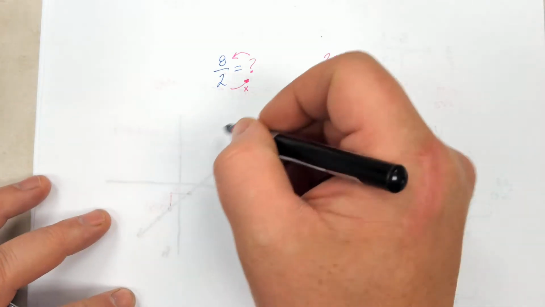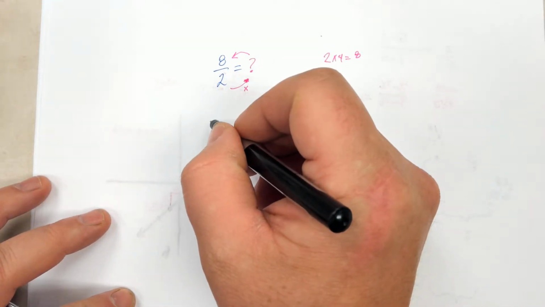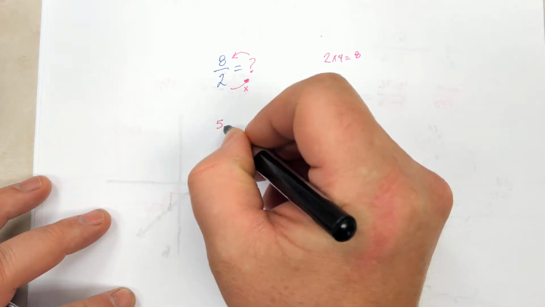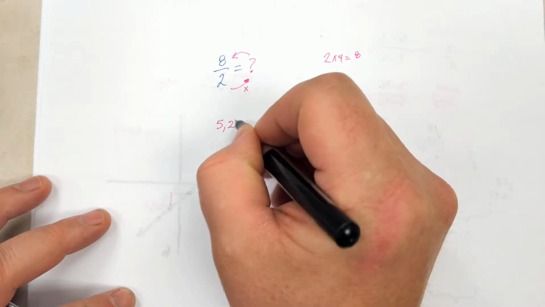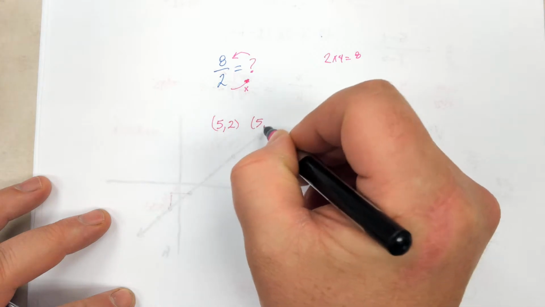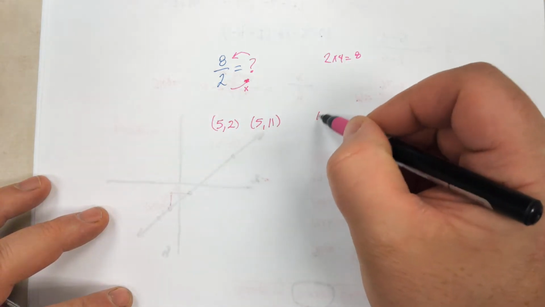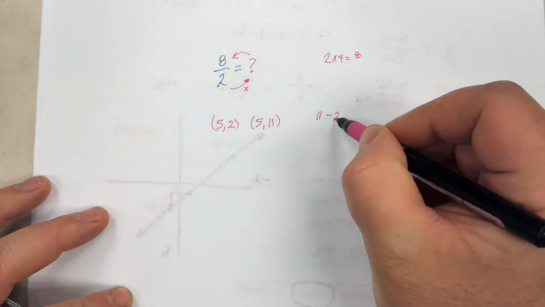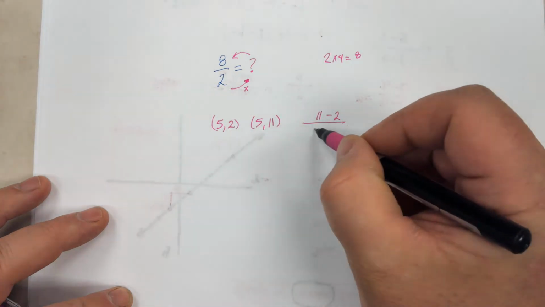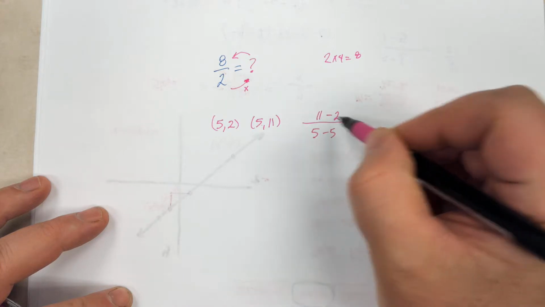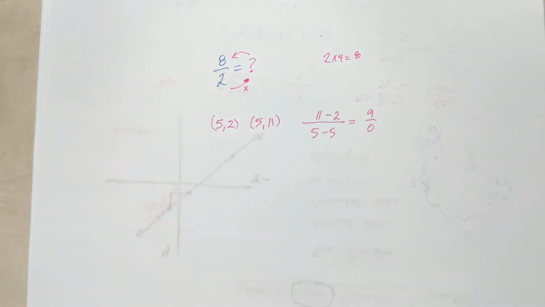What you're going to have sometimes is something like, let's say we had the points 5,2 and 5,11. So we're going to do 11 minus 2 over 5 minus 5. That's 9 over 0.